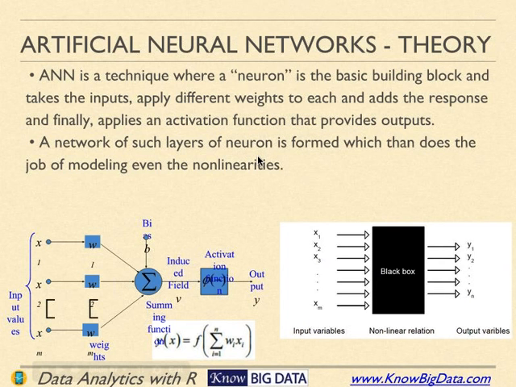Now imagine the same formula being applied by all the neurons in parallel, so that the input comes in and is applied. So we have input variables, we have output variables, and this is the black box.